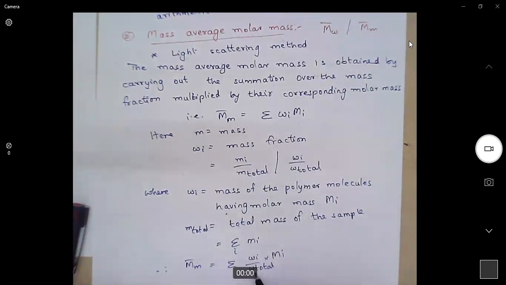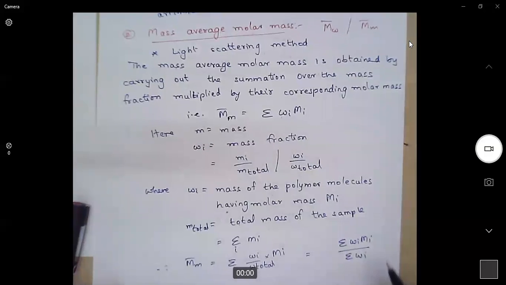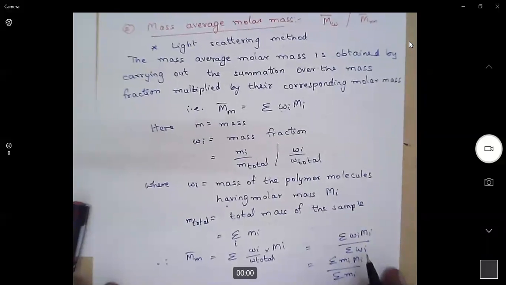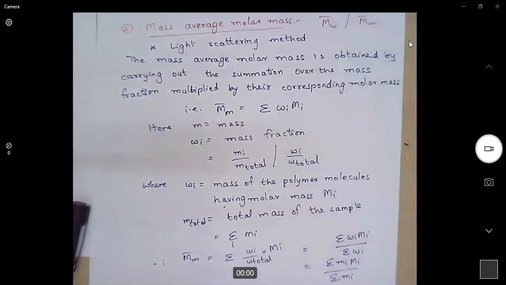What is W total? Sigma Wi Mi by, what is W total? W total is nothing but sigma Wi. So we can write it like this, or we can also write it sigma Wi Mi by sigma Wi. So this is the formula for mass average molecular weight.